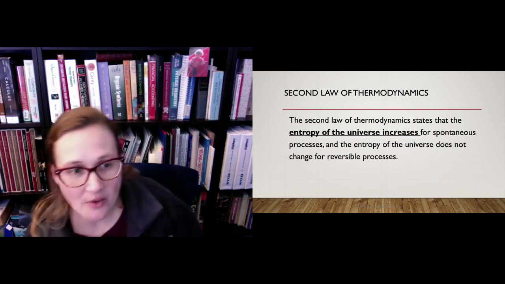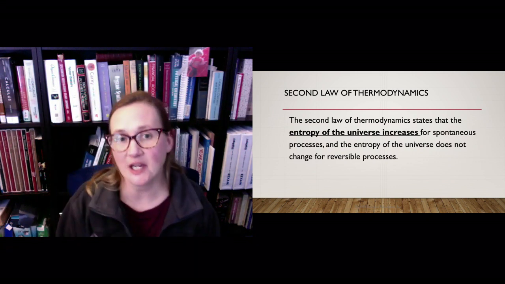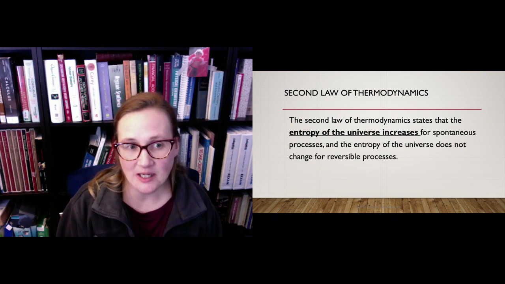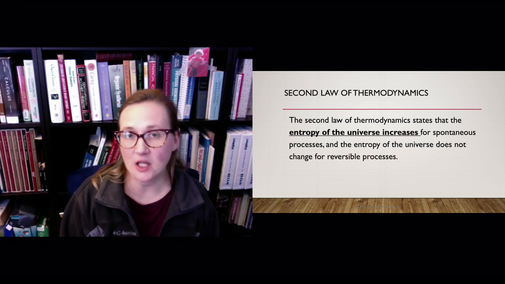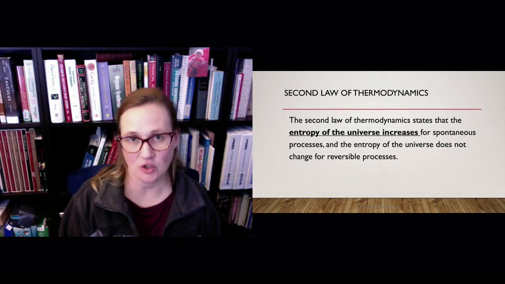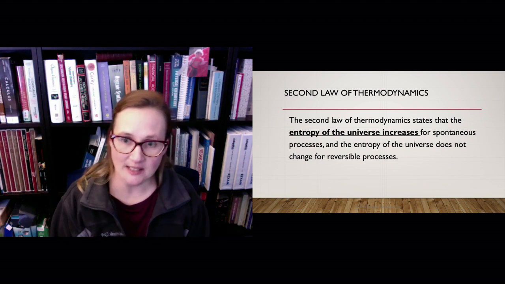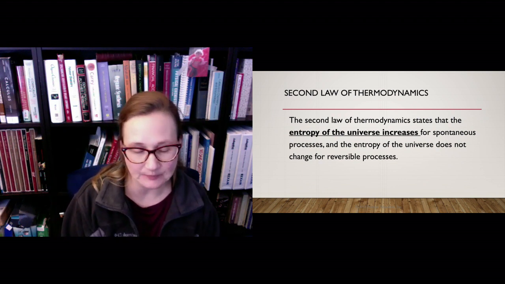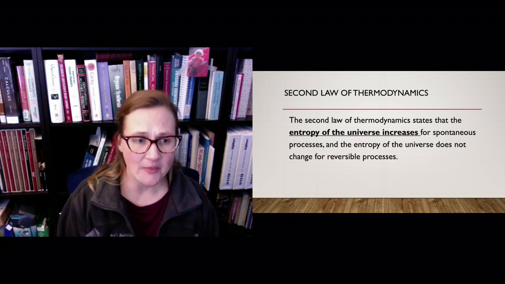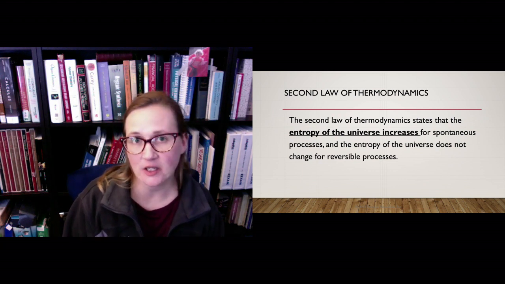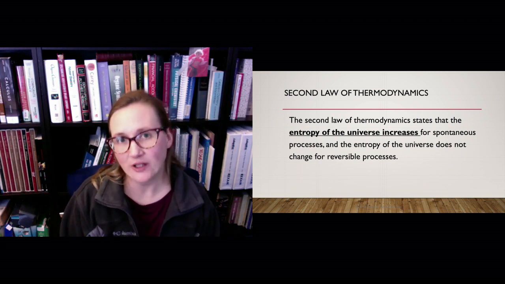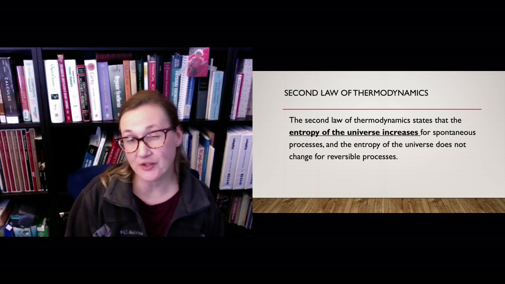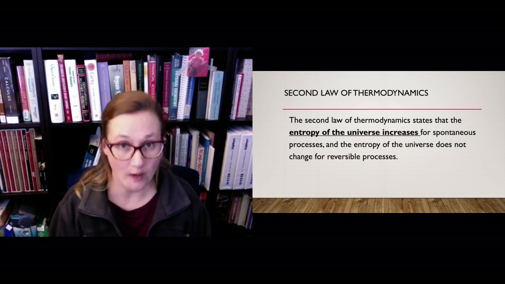Okay, and so entropy comes from the second law of thermodynamics. The second law of thermodynamics really states that the entropy of the universe increases, and this has to happen if a process is going to be spontaneous, right? And so when we're talking about the entropy of the universe, really what that means is that we're talking about the entropy of both the system and its surroundings.